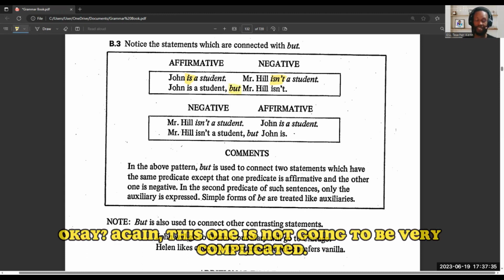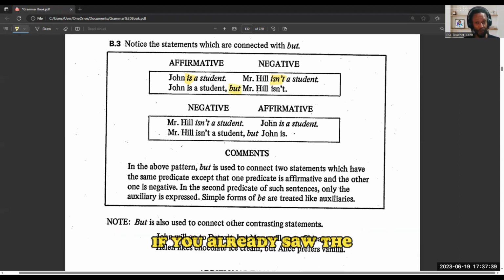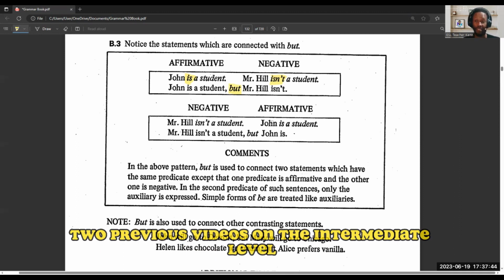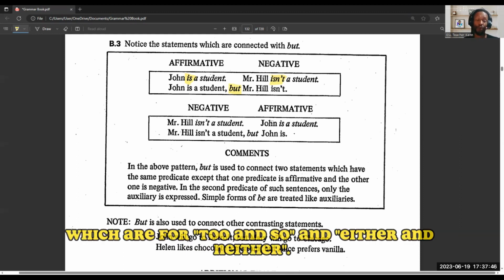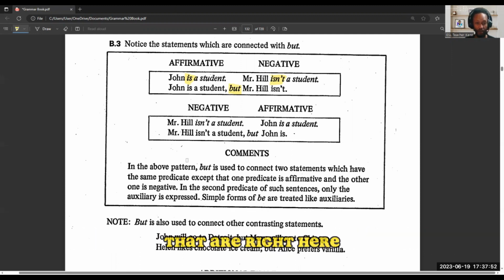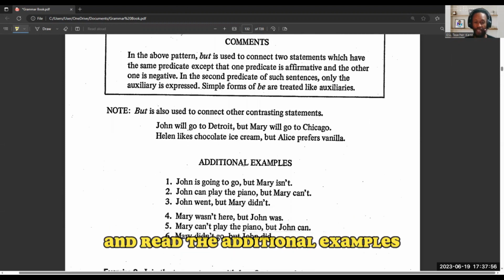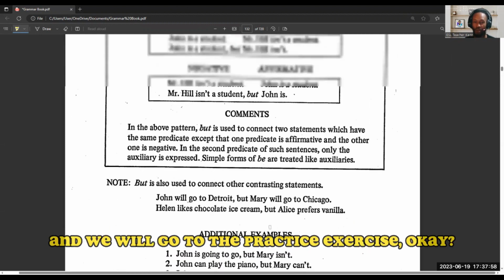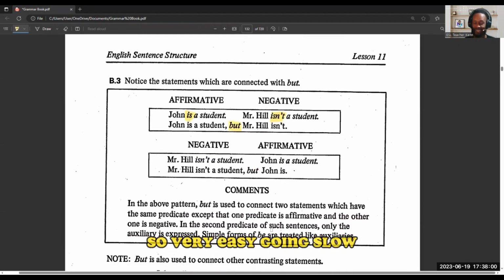Again, this one is not going to be very complicated if you already saw the two previous videos on the intermediate level, which are for too and so and either and neither. I'm going to go ahead and read the examples that are right here. After that, I will read the additional examples and we will go to the practice exercise, okay? So, very easy. Going slow.